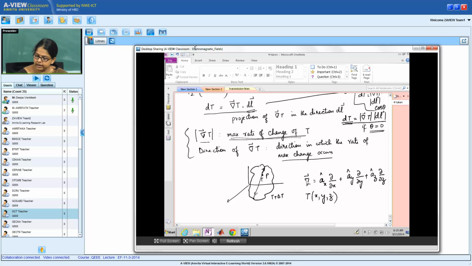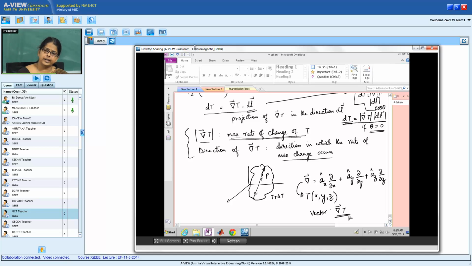So I operate del on T, which means I take the derivative with respect to x and fix it along with Ax, the derivative of T with respect to y, fix it along with Ay, and in the same way the derivative of T with respect to z, fix it along with Az, and I get the vector del T. That is my gradient.